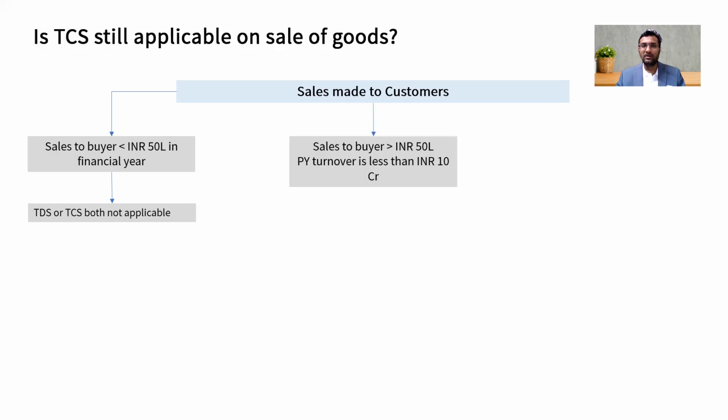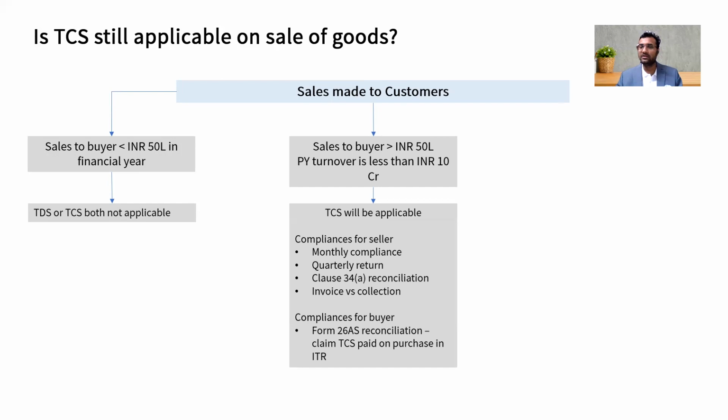Now, where the sales to the buyer is more than 50 lakh rupees, but the previous year turnover is less than 10 crore rupees, I'm talking from a seller's perspective. Automatically, the section on TCS will not be applicable. If Section 206C(1H) on TCS is not applicable, automatically Section 194Q will prevail, right?